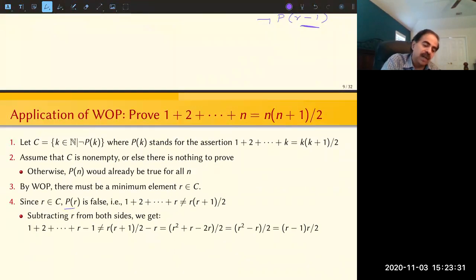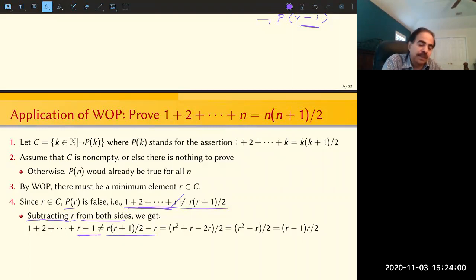So P of R is false, so you have this. Now let's subtract R from both sides. If we remove R, then this sequence will end at R minus 1. So we remove R on the left-hand side, and then we also subtract R from the right-hand side.